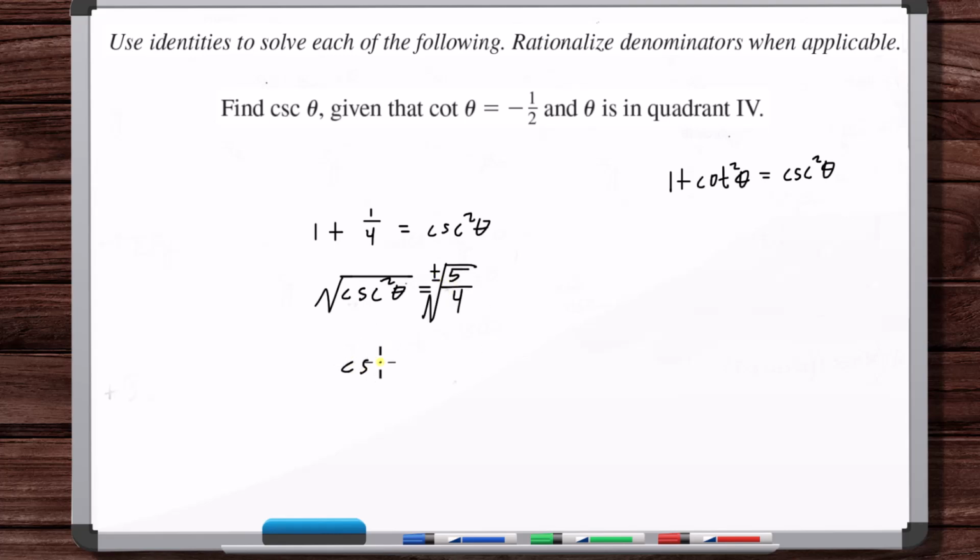So cosecant theta is plus or minus root 5 over 2. So which one do we use? Well, we know it tells us we're in quadrant 4. Cosecant is hypotenuse over opposite, so we're dealing with the y here. Y is negative, so cosecant is going to be negative.